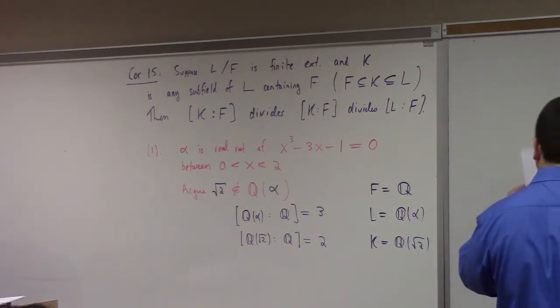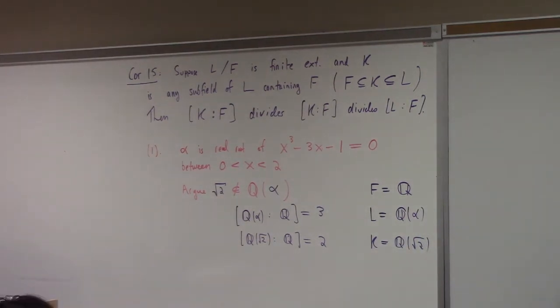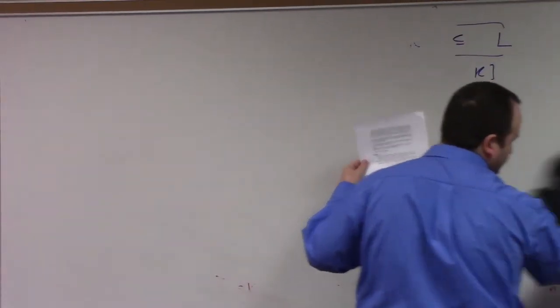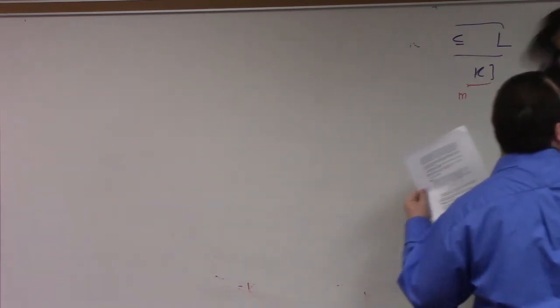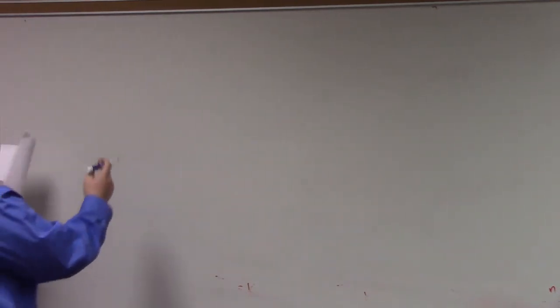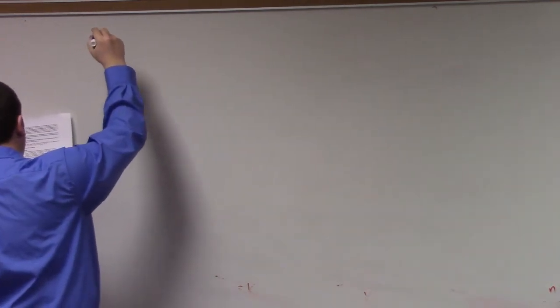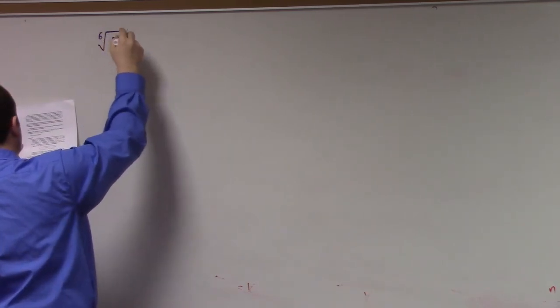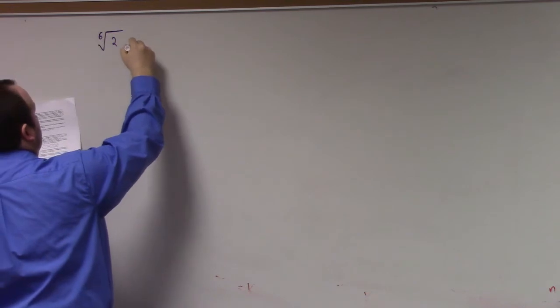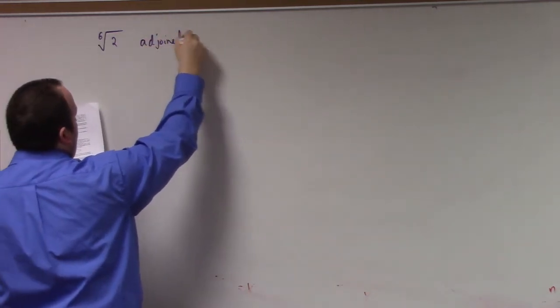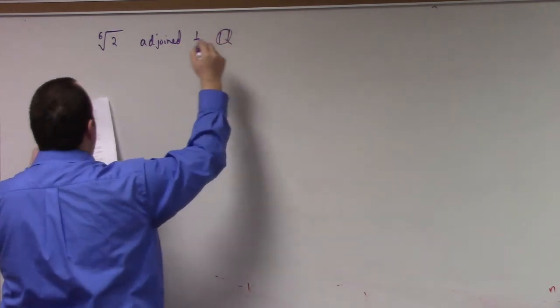So his next example: he says, look at the 6th root of 2, and adjoin that to Q, right?